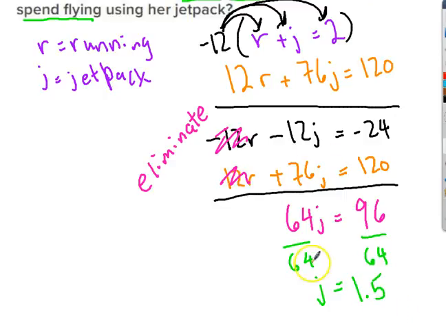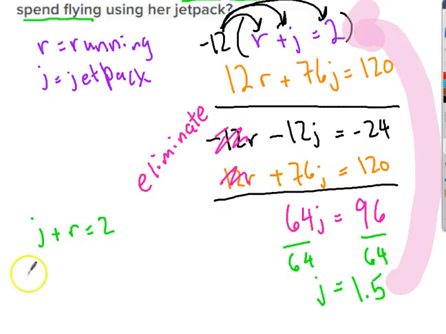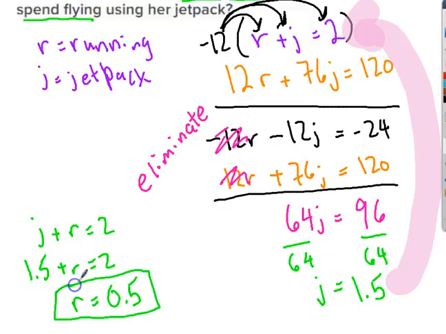Alright, once I know jetpack, I can plug that back into the original equation. I know that jetpack plus running was equal to 2. So it must be jetpack plus running is equal to 2. And if jetpack is 1.5, then R must be 0.5. So the solution to question number 1 was R equals 0.5 for running, and jetpack was 1.5.